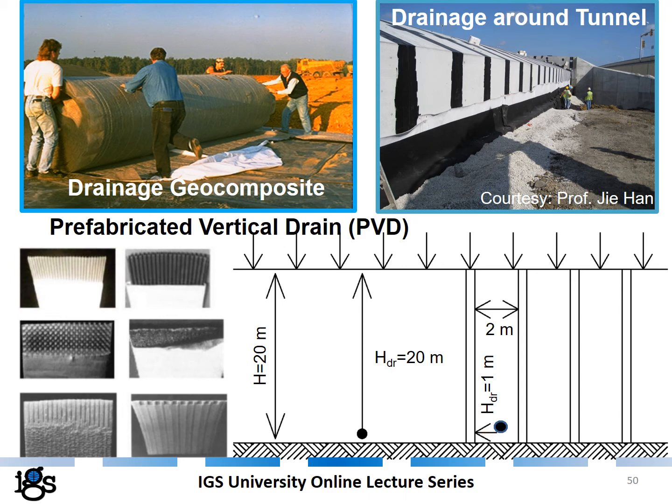That means, since the time of consolidation is proportional to the square of the drainage height, the time necessary here is 400 units and here only 1 unit. So a consolidation that will be completed in 40 years, for example, can easily be completed in about 30 days.